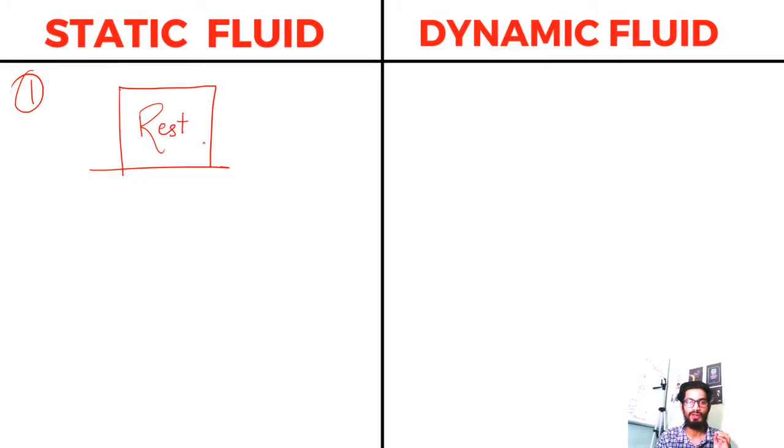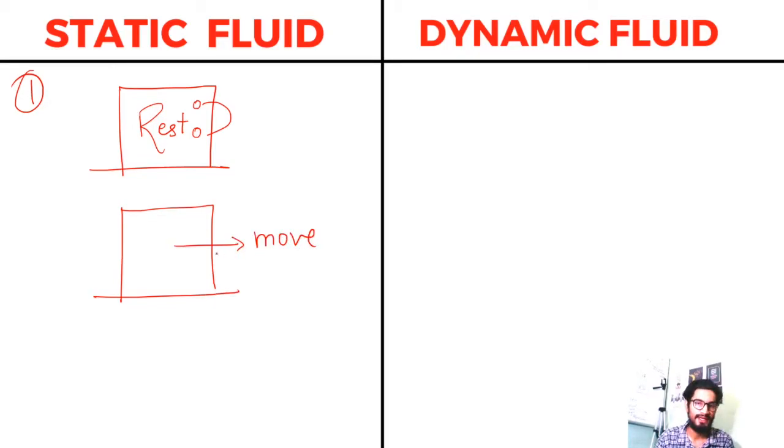But that is not the case, because in fluid mechanics, whenever we say a static fluid, we mean that the particles present in the fluid must not move relative to each other. So if I have a fluid that is moving, then also I can call it static fluid. How?